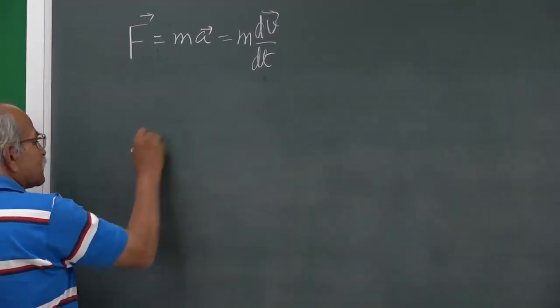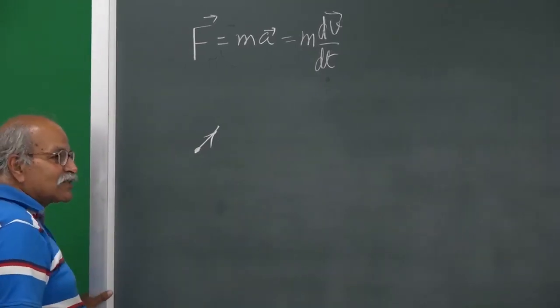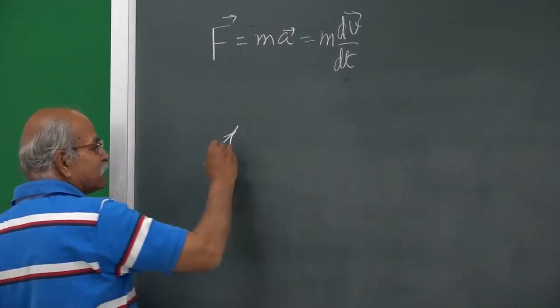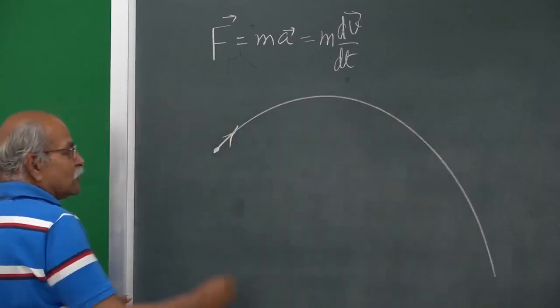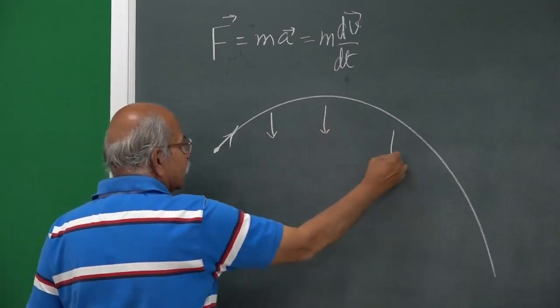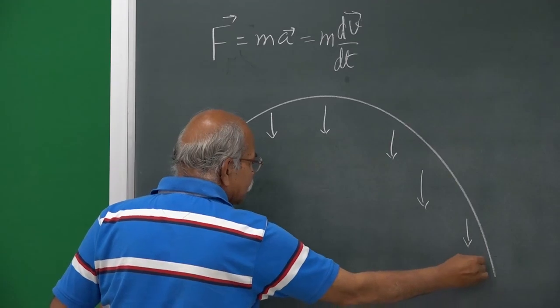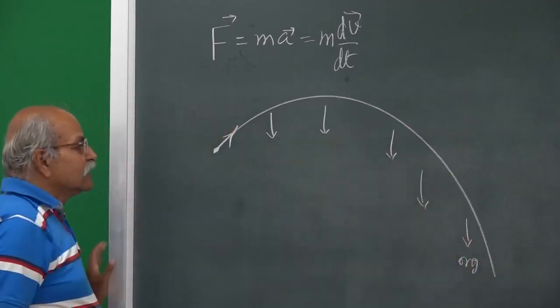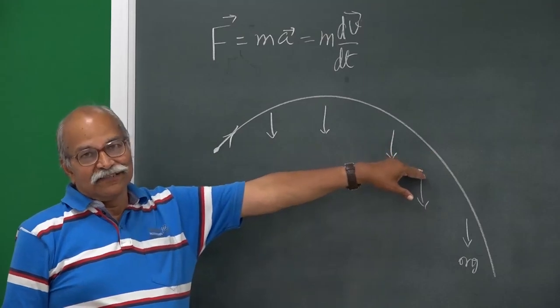If you throw a particle at some angle with the horizontal near the earth's surface, it goes in a parabolic path, and everywhere the force is mg in the downward direction, and therefore in the x direction there is no acceleration.